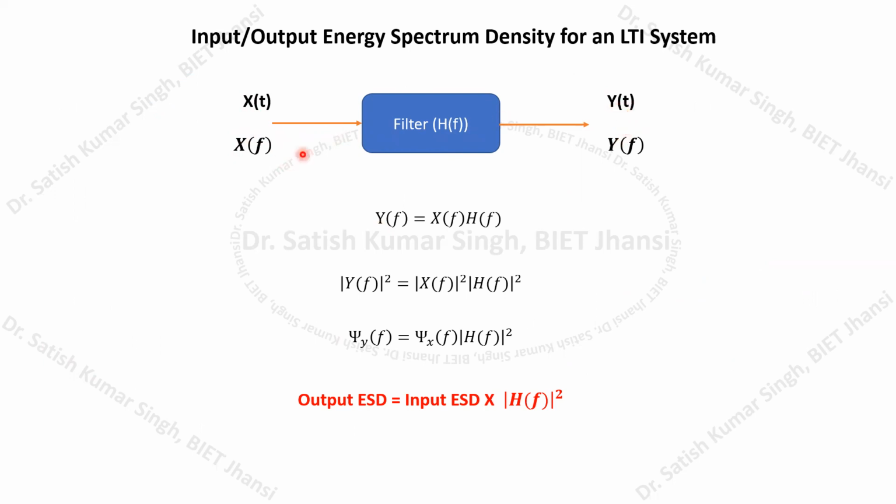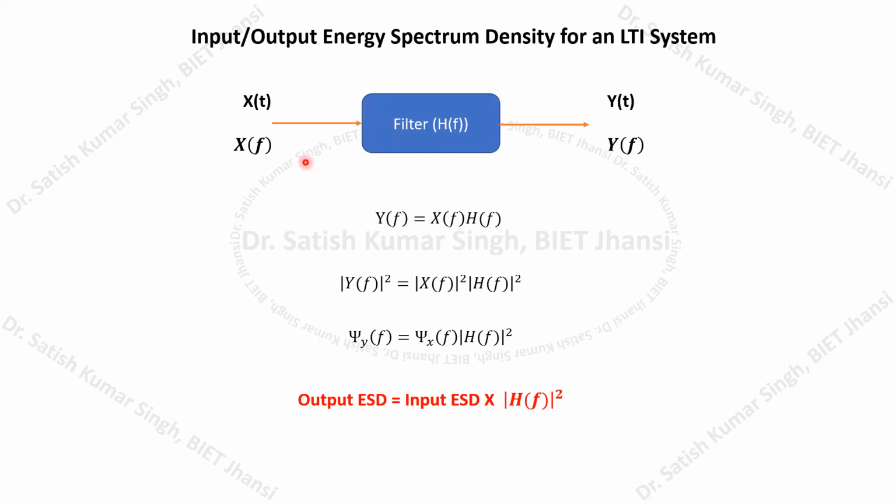Here X(f) denotes the Fourier transform of x(t), and we have to show the relation between the energy spectral density of the output and the input.